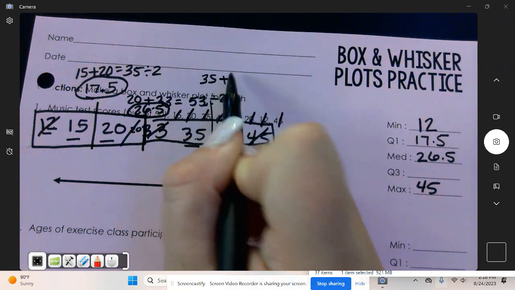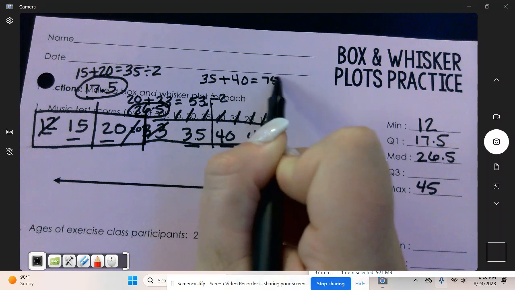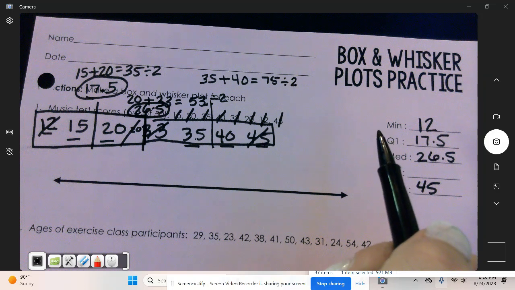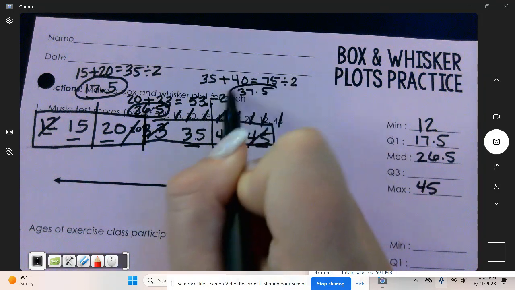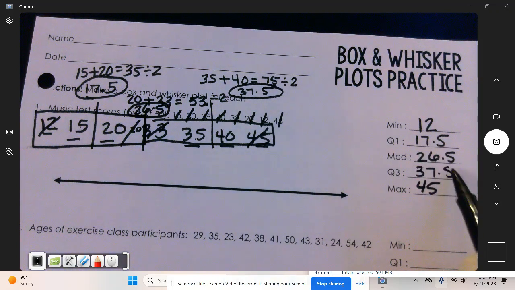So 35 plus 40 gives me 75 divided by 2. 37 and a half. So we found the middle, found the middle, found the middle. That's basically all you're doing.